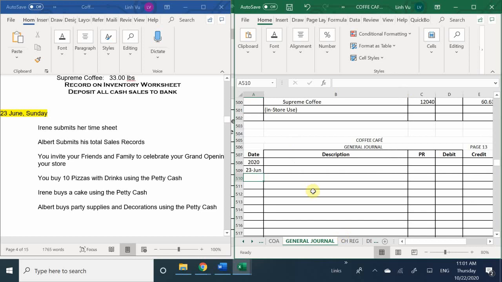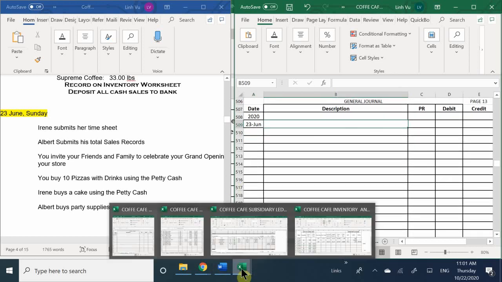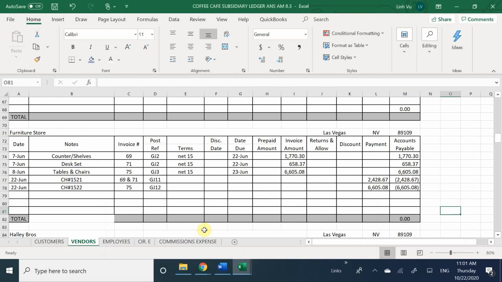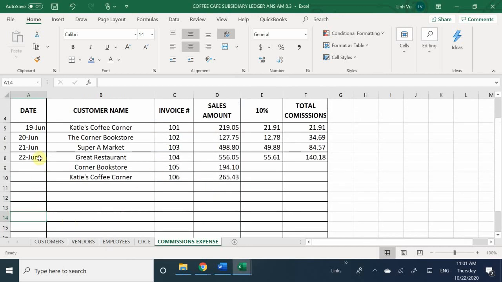Now Albert has submitted his commissions. So what has happened here? Let's take a look so we can indicate how much total he made so far. $140.18.